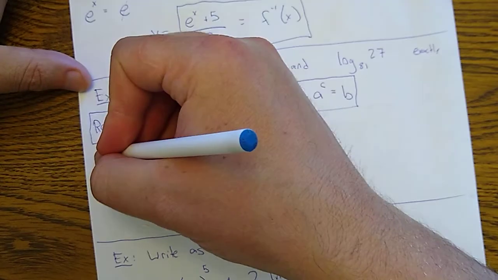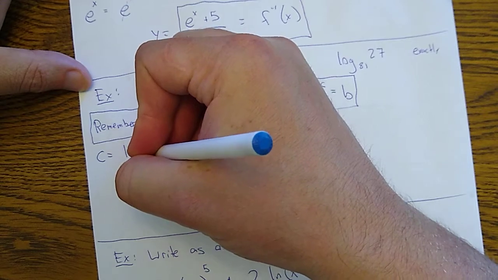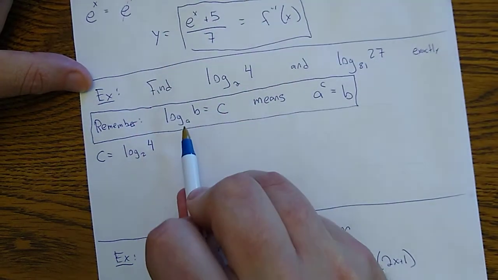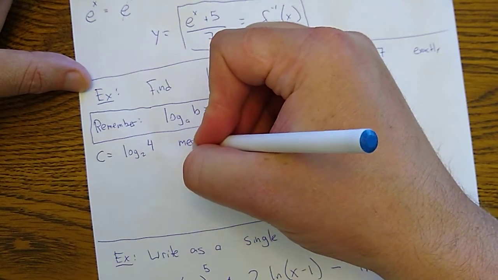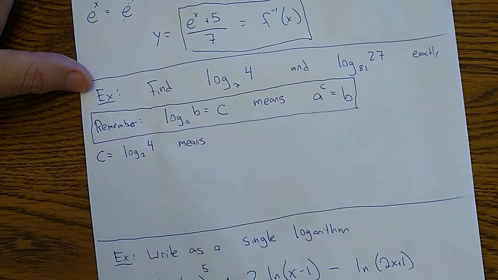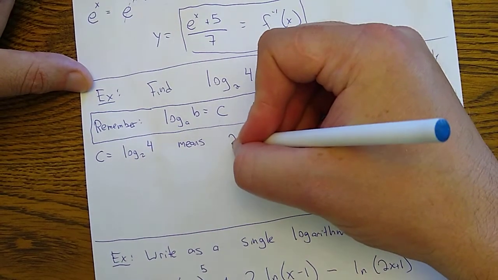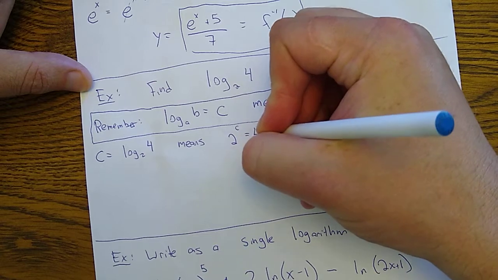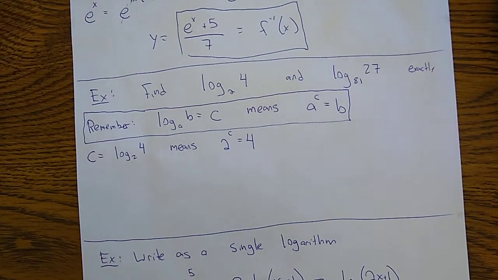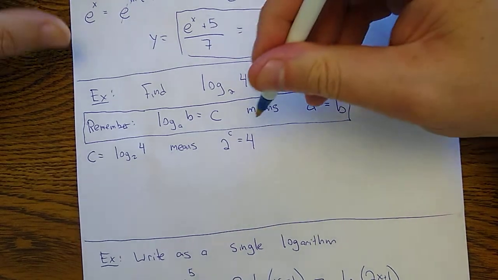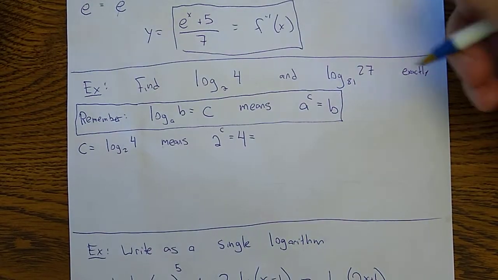So why don't I call this one c? So it's like my a is 2 and my b is 4. What that means is that a to the c equals b, so 2 to the c equals 4. And now we should be able to just think of a number c that works. It helps to express everything as powers of the same number.